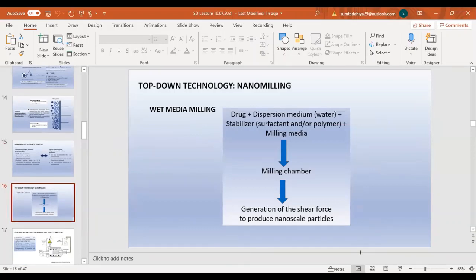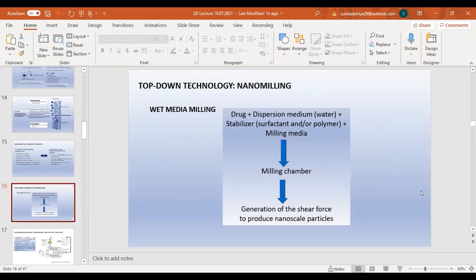Now we come to nanomilling, which is a top-down technology. As we discussed earlier, in top-down technology, the two basic approaches are nanomilling and high-pressure homogenization. So we are talking about nanomilling. The most widely used nanomill is known as the wet media mill, which is available in the market. You will find several suppliers with various models.